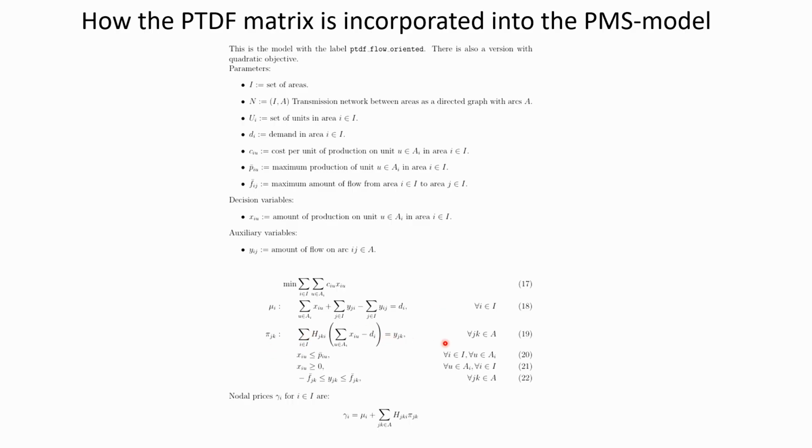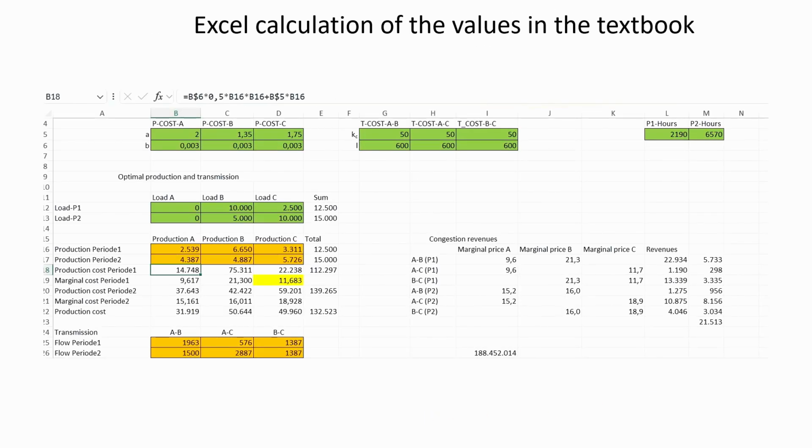And we have this condition, where you can see this is the export import from each node, and it is multiplied on this matrix, and this gives the flows in the system, and these flows have to be between the capacity limits in the system. When we have optimized this system, we can calculate the nodal prices in the system using this formula.